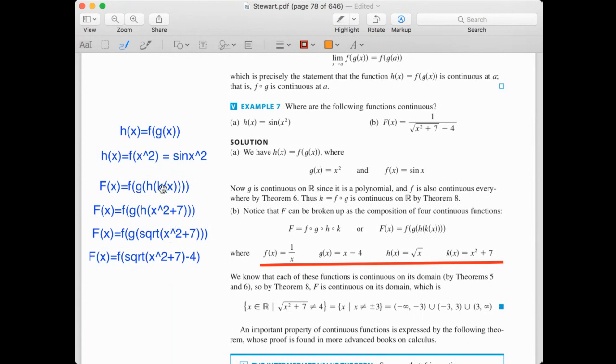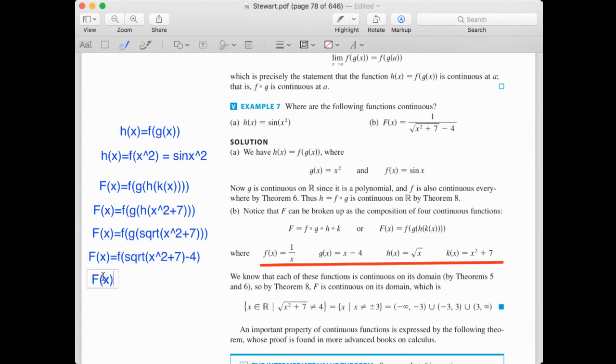So we just go inside out. k of x is defined as x squared plus 7. We substitute k of x. Then h is defined as the square root of the input. And g is defined as the input minus 4. Then now the last layer, big F, small f.